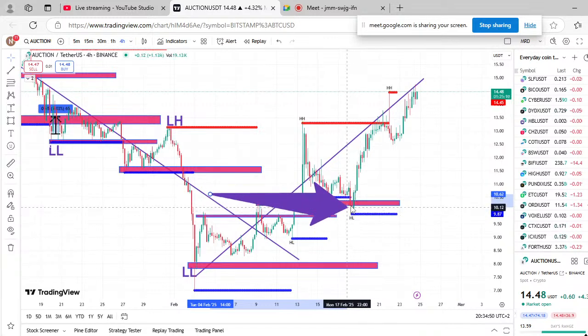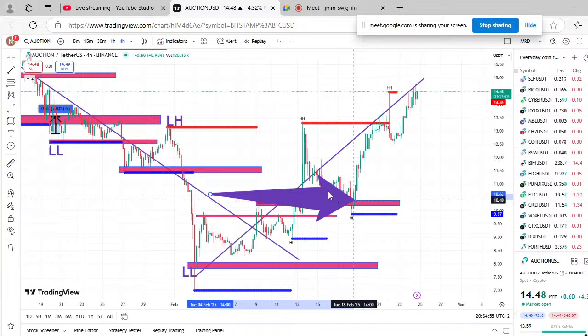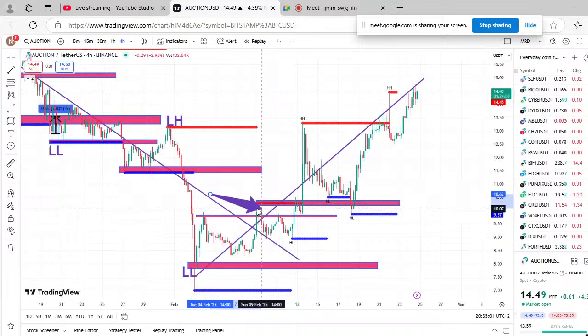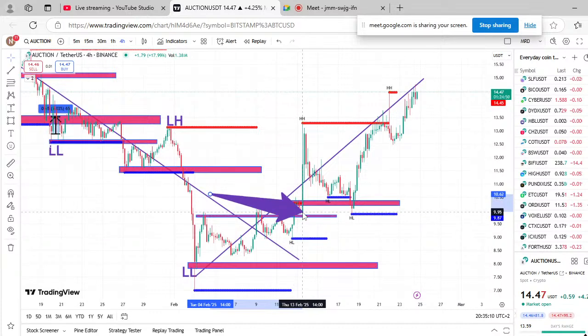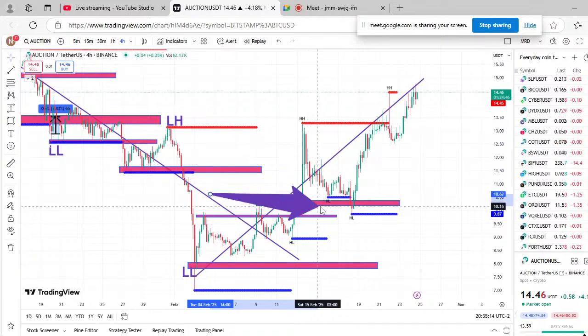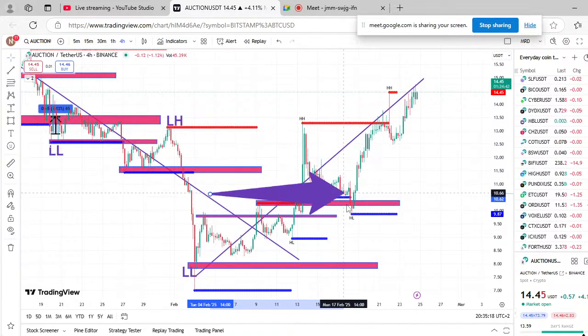So our entry was supposed to be here, but using eyes, not the indicator, your entry was supposed to be here, because since we had compared this as our higher high, then automatically when we close above it and come back to test it, then we move up. So by using the indicator, your entry was supposed to be here on the higher low.